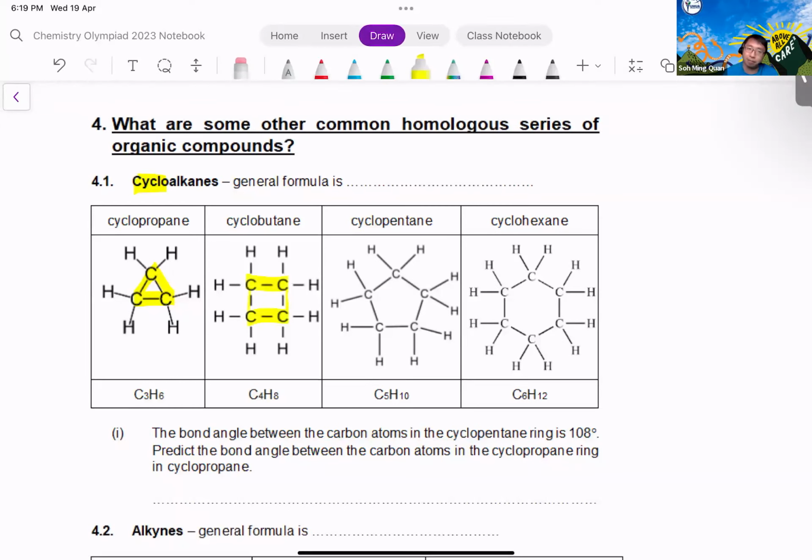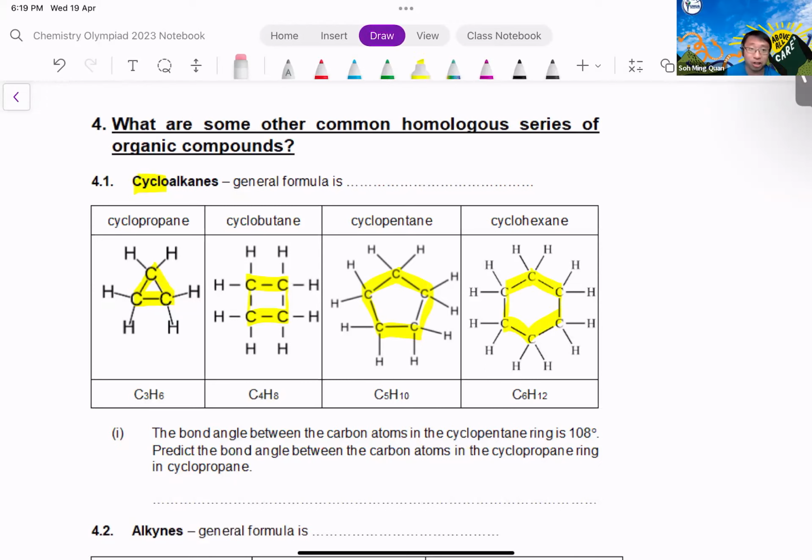Cyclobutane, 4 carbons in a ring, a square. 5 carbons, pentagon. 6 carbons, hexagon. So these are the rings. Now, if you count the number of hydrogens, you will be able to get a molecular formula. You will realize that cyclopropane is C3H6.